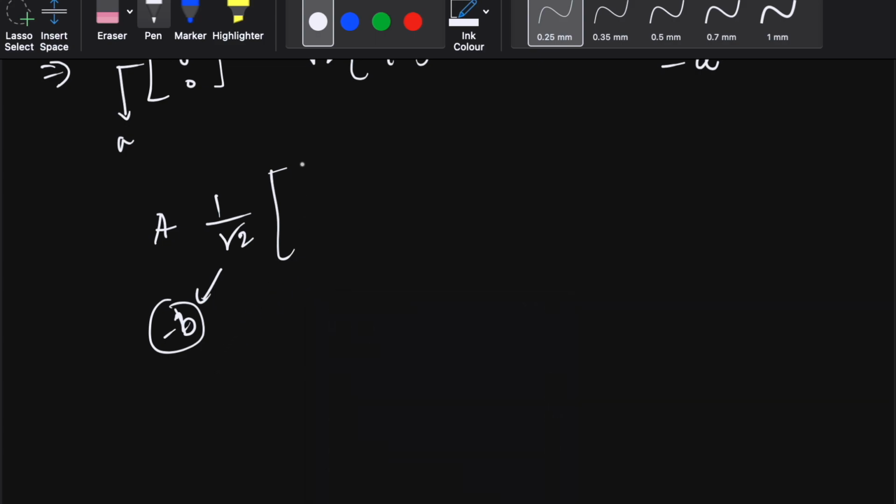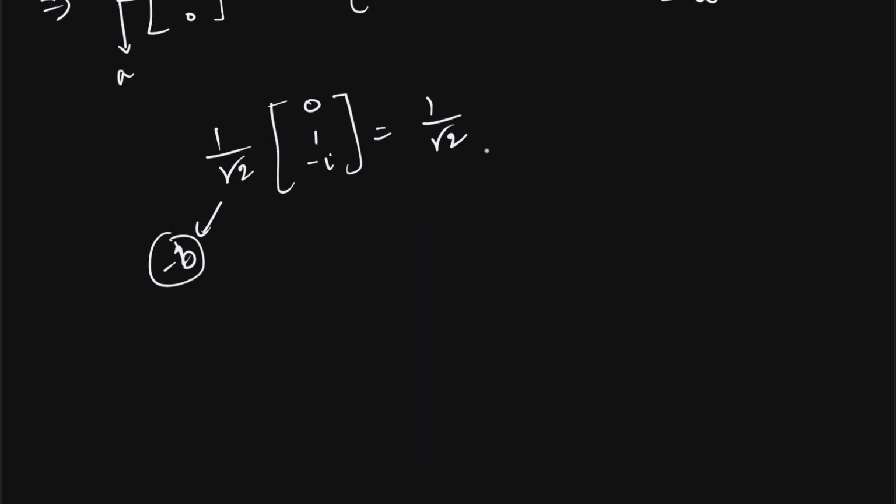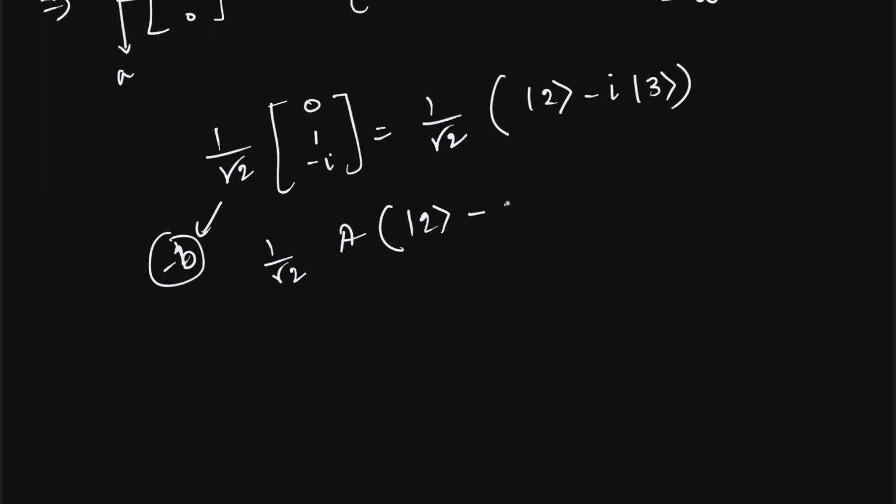That means it is 1 by root 2 (0 1 minus i), which is 1 by root 2 (|2> minus i|3>).